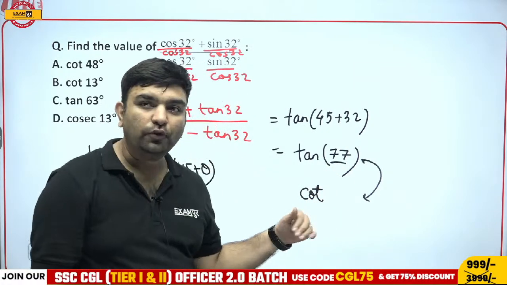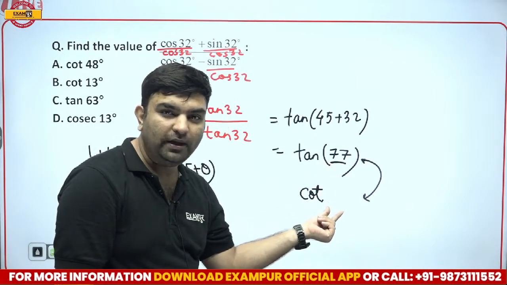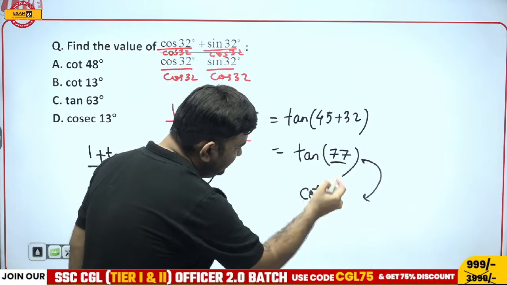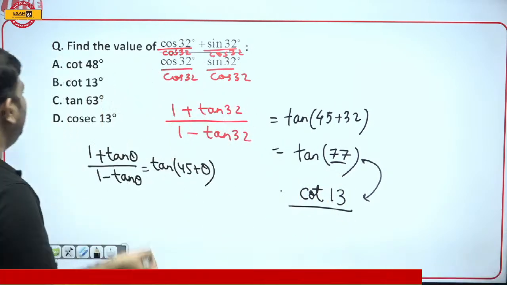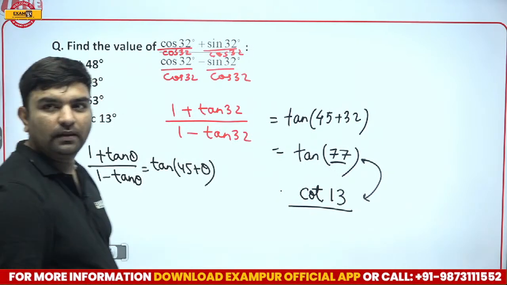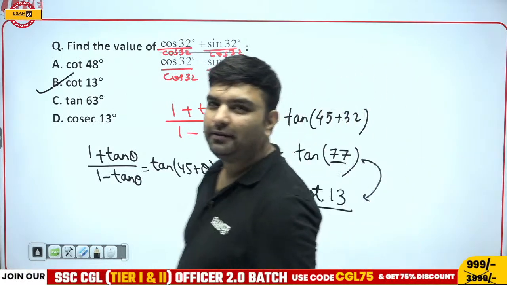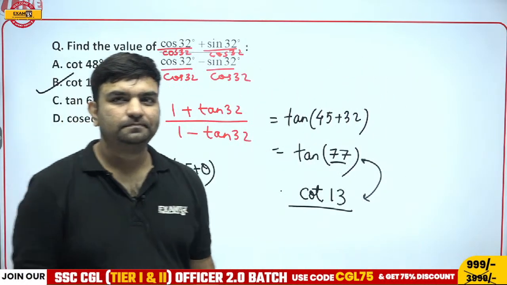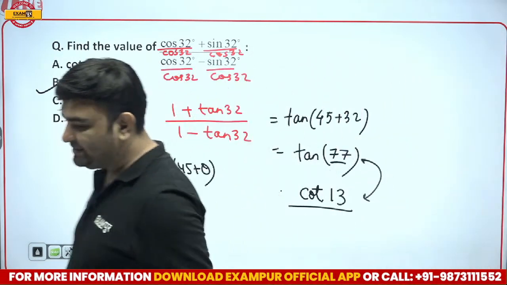How to find the complementary? What should be added to make it 90? So I think 13. Yeah. Cot 13 should be the answer. Wow, what a beautifully made question. Very good. So the answer is this.